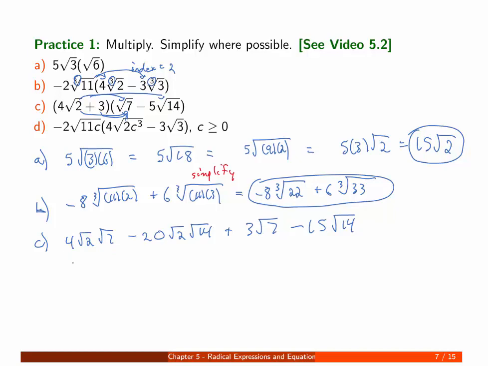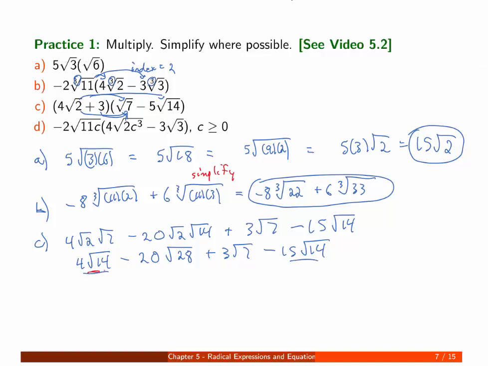So you're going to be left with 4 root 14 minus, now root 2 times root 14 is root 28 plus 3 root 7 minus 15 root 14.